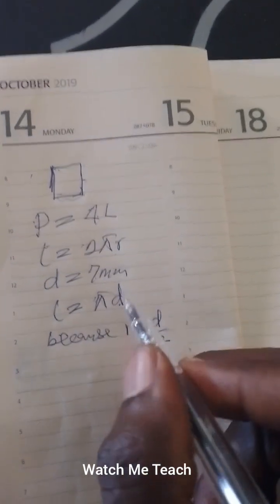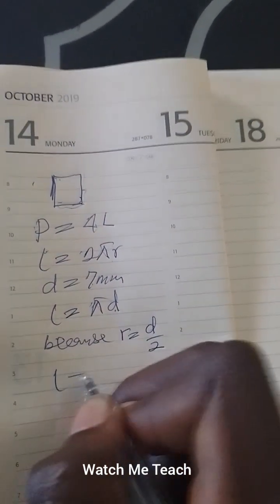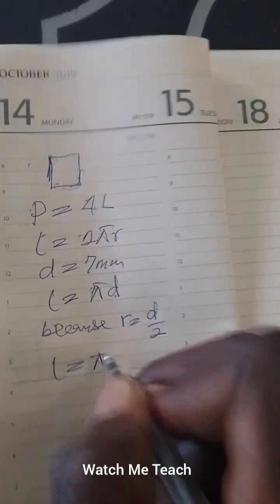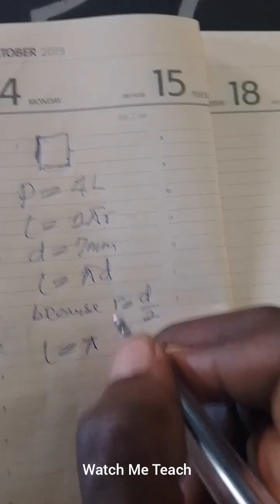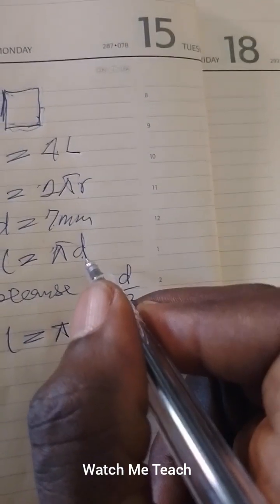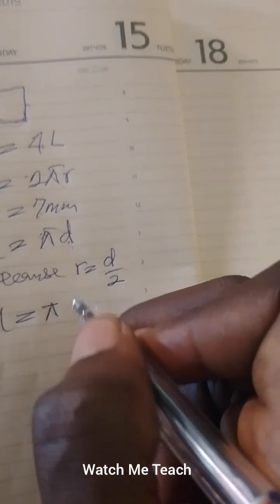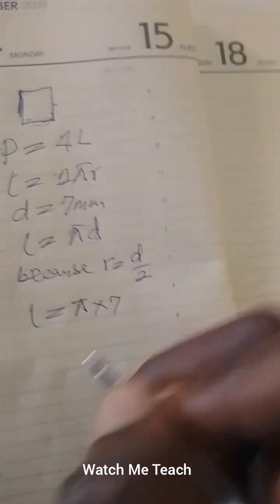That's why it's going to be pi d. Now, coming back here, the diameter is 7. So L is equal to pi d, and our d, is that clear? Our d is 7. That's pi times 7.